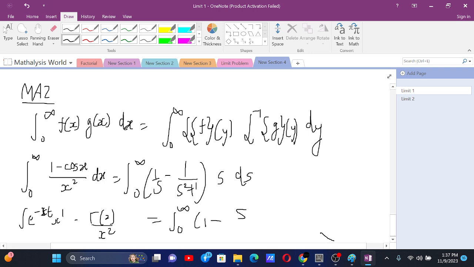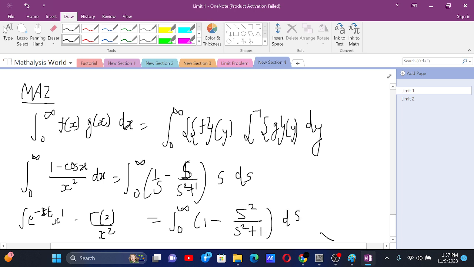Oh, here we have cos x, but here I should have s as well. For the Laplace transform of cos x, there's also an s variable in the numerator, and for the inverse Laplace of this one, it's just s. Okay, that's now fine. And then we have 1 minus s squared by s squared plus 1 ds.